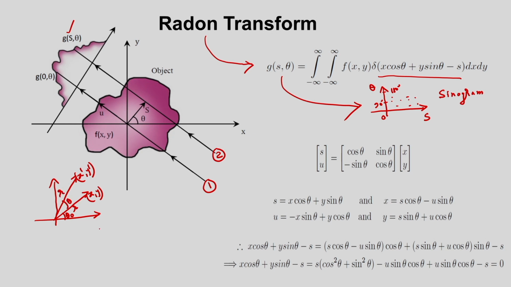So corresponding to this rotation of the vector, what is my transformation matrix? The transformation matrix you can determine: cos theta, minus sin theta, sin theta, cos theta. This is my transformation matrix for the rotation.